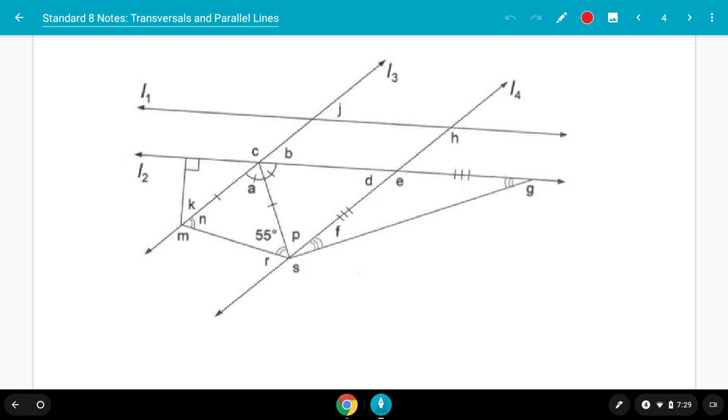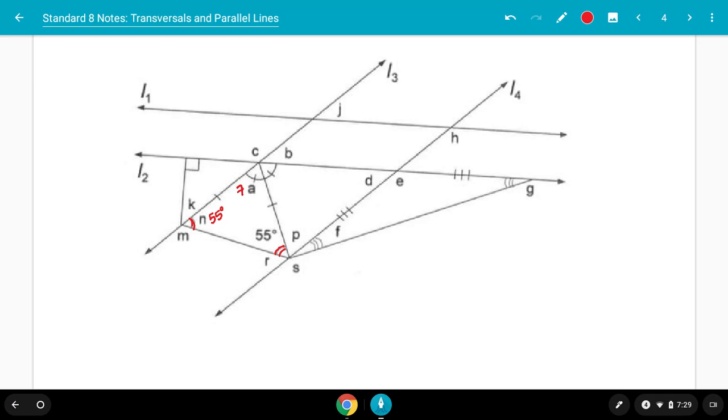Well, 55 degrees is equal to this one. So that means that this is 55 degrees, right? Which means I can find A because A plus 55 plus 55 has to be 180 because that's a triangle.